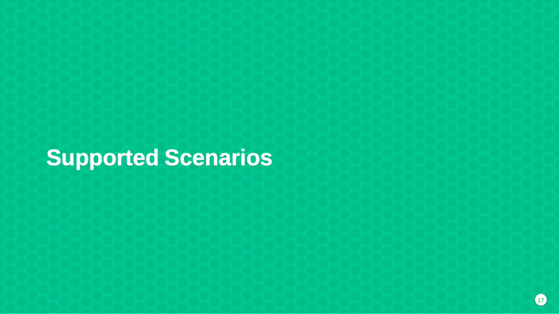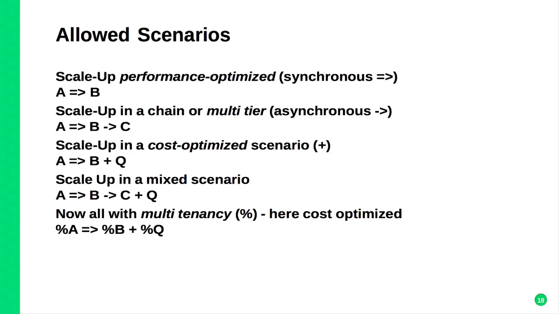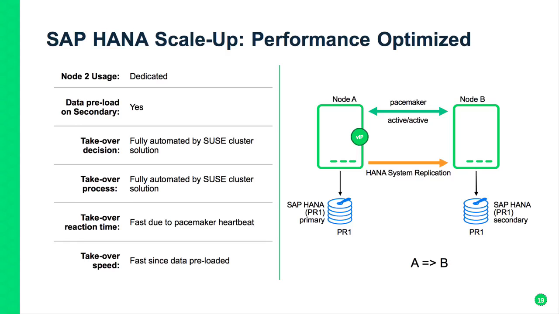As I explained, there's one scenario to have a hot standby, but SAP HANA has many more modes in which you can run such a system replication. This one is expressed in a more mathematical approach here. And this is the first scenario. You have an active in-memory replication to the other node.